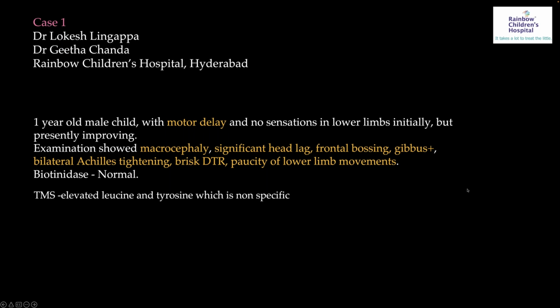On examination, the child had macrocephaly, and there was a significant head lag with frontal bossing, and there was also gibbus, bilateral Achilles tightening and brisk DTR, and a paucity of lower limbs when compared with the upper limbs. The biotinidase which was sent was normal, and TMS showed elevated leucine and tyrosine, which was non-specific.